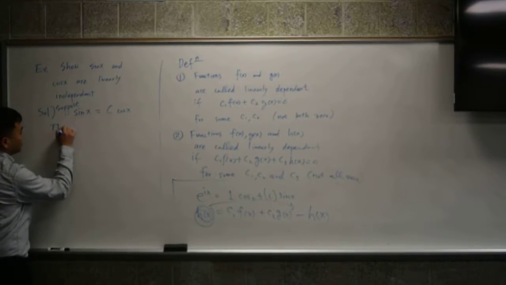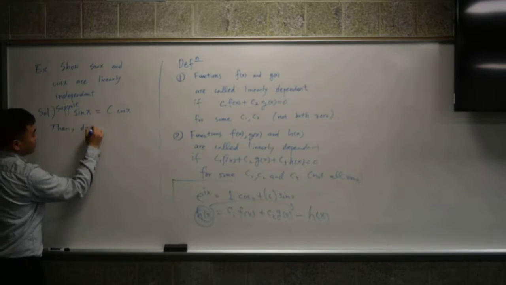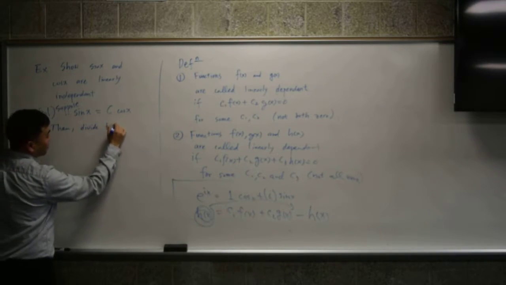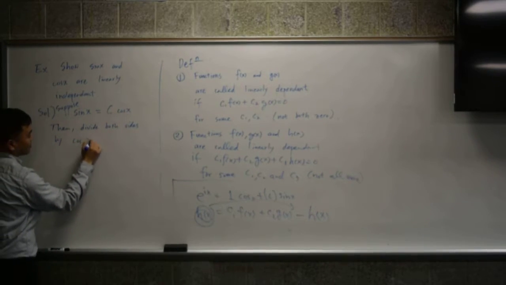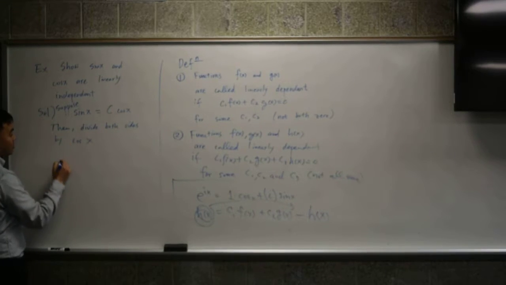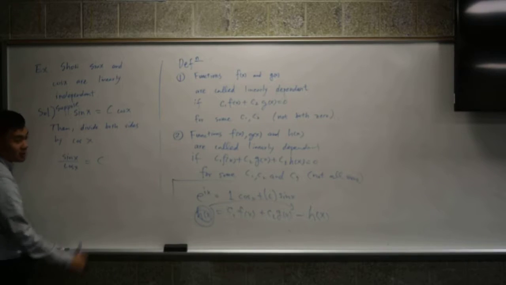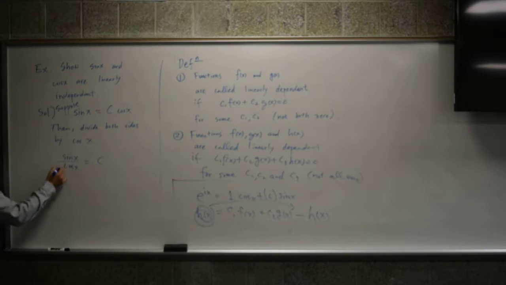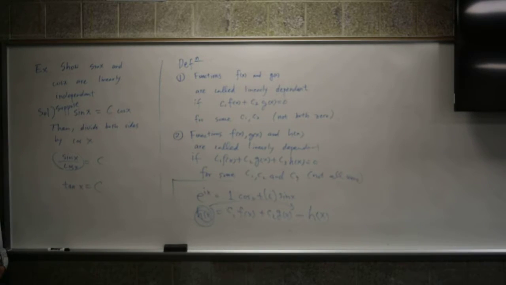So then I can divide both sides by cosine x. Okay. Then what do you get? Sine x over cosine x is c. We have a name for this, right? What is this? Tangent x. Now what's wrong with this? What are we trying to say?